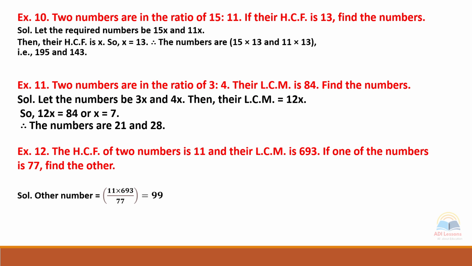The LCM of co-primes is the product of the given numbers. So 12x is equal to the given LCM 84. Then x equal to 7. Therefore the numbers are 3x is 3 into 7, 21, and 4x is 4 into 7, 28.